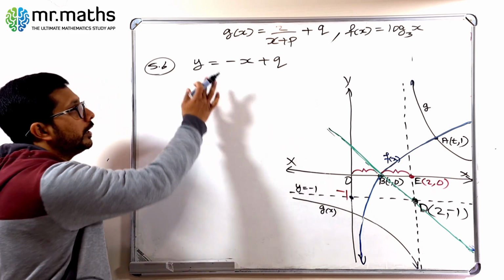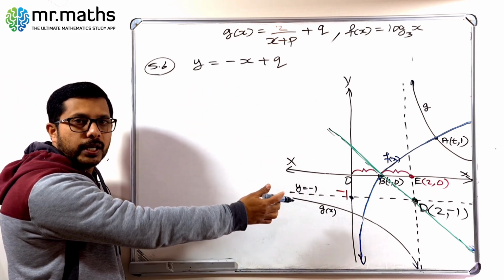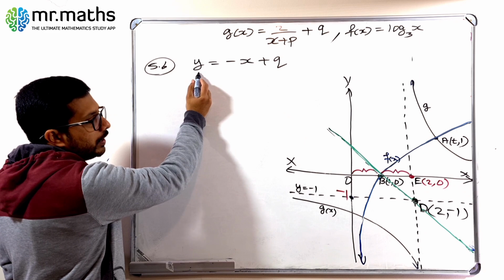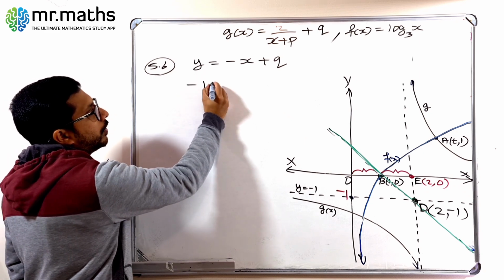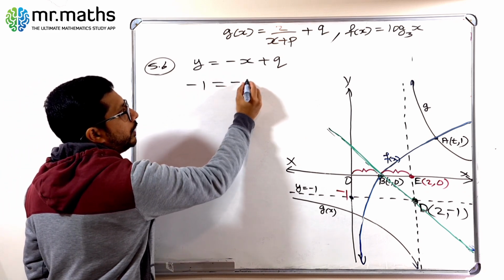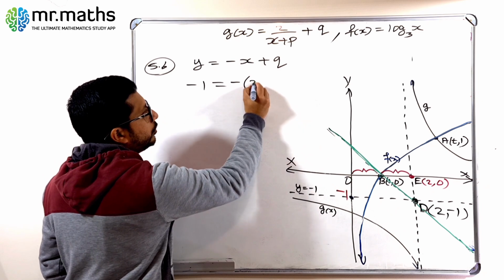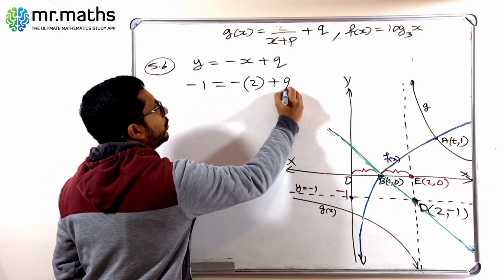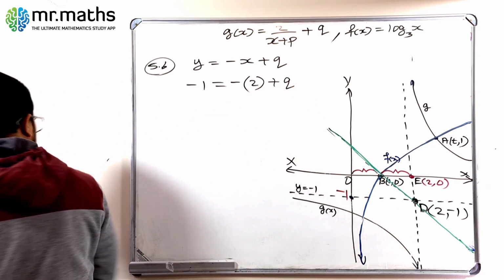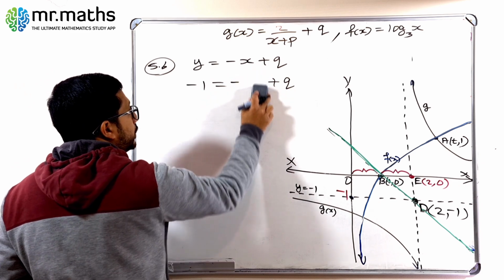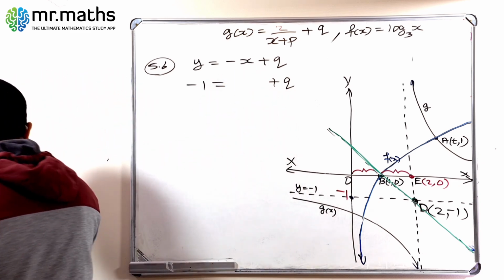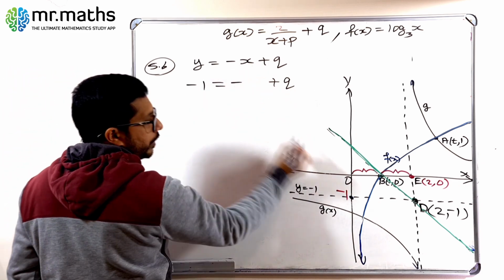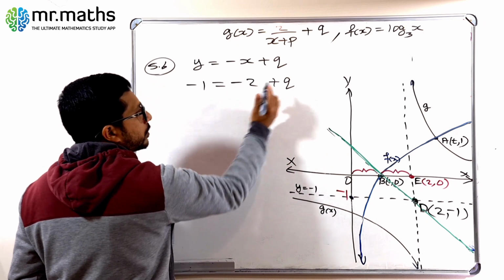So what can we do here? Yes, we can substitute that x and y value here. y = -x + q, that means -1 = -(2) + q. There is no need to write that bracket there; it doesn't matter whether you write it or not. So the x value is 2, that is -2 + q.